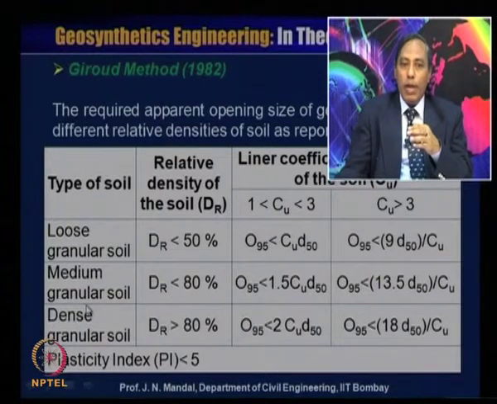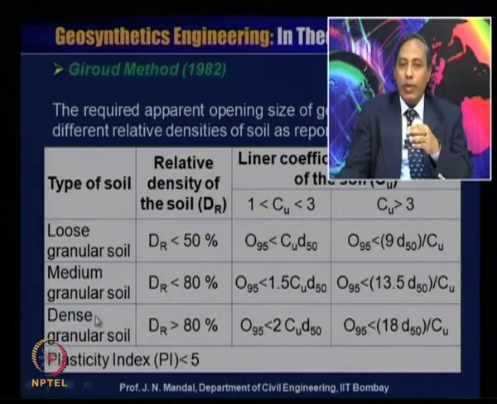Next, if it is a medium granular soil where relative density less than 80% and Cu greater than 1 and less than 3, then O95 should be less than 1.5 Cu into D50. And if Cu greater than 3, then O95 should be less than 13.5 D50 divided by Cu.